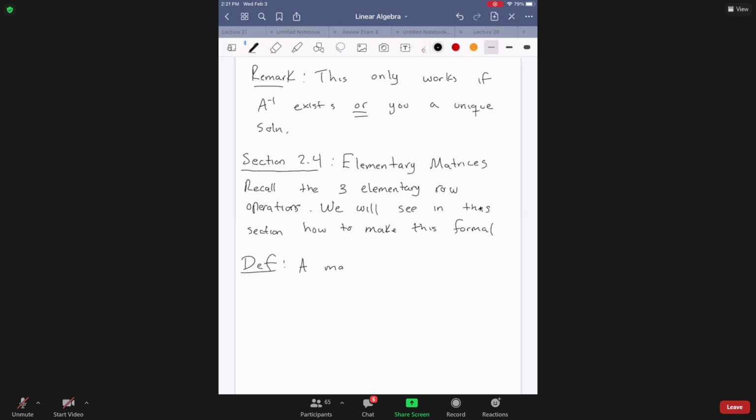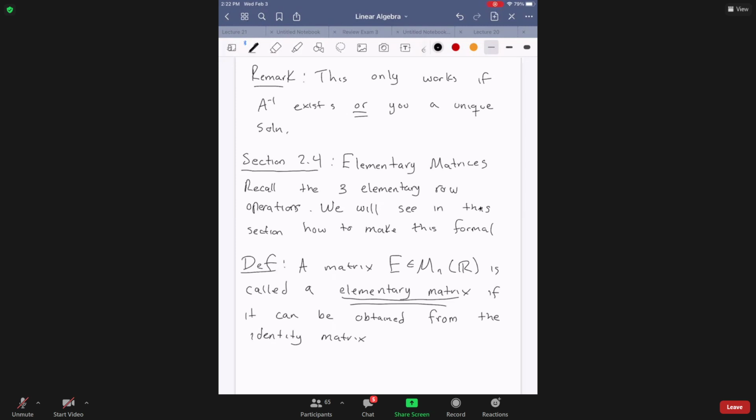A matrix, let's say square matrix E, is called an elementary matrix if it can be obtained from the identity matrix by a single row operation.